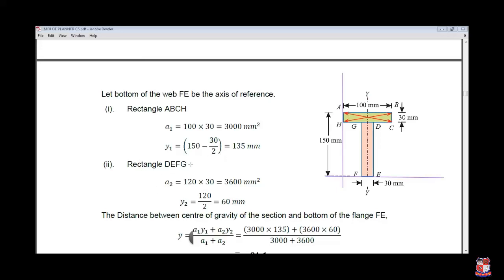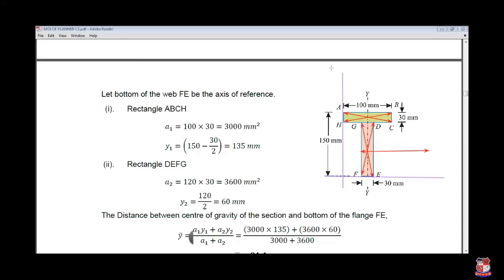Next, take this object. Its centroid is located somewhere here, so you have to find this distance. Its height is 120, so it is 120 by 2.